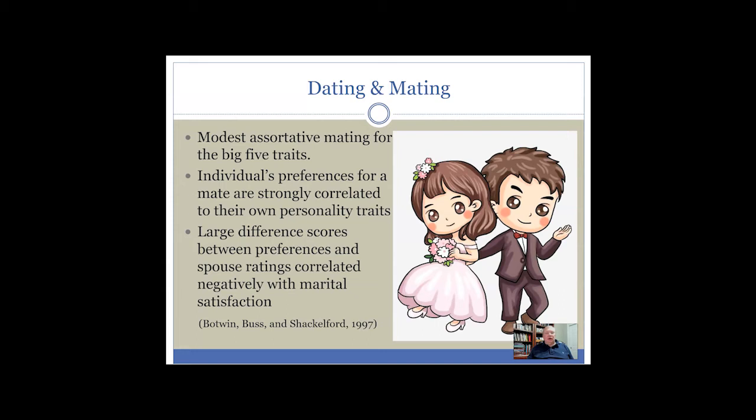Women were far more upset with the mismatch than men, and the mismatch was mainly for the trait of agreeableness versus quarrelsomeness. So, bottom line, find someone kind of like you in terms of personality traits.